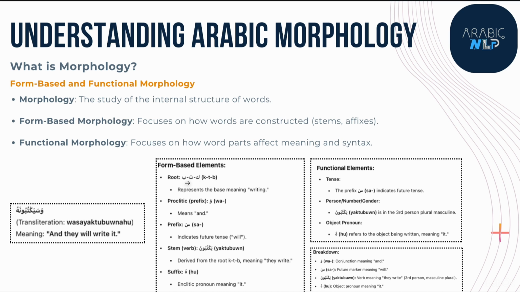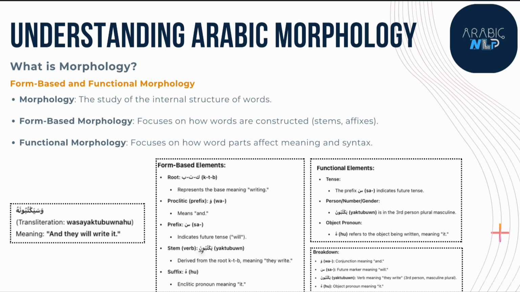This represents the base meaning, which is writing. And we have the prefix, or what we call the proclitic. It is wa, which means "and." And we have the prefix sa, which represents the future tense, "will." And we have the stem, which is the verb, yaktubun.